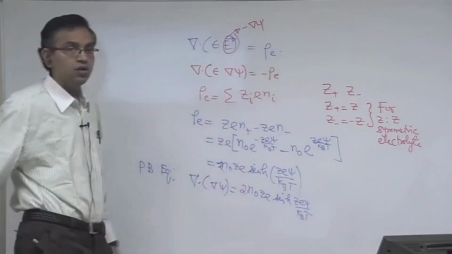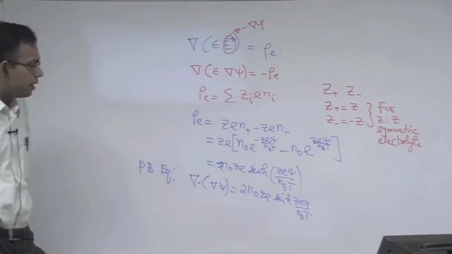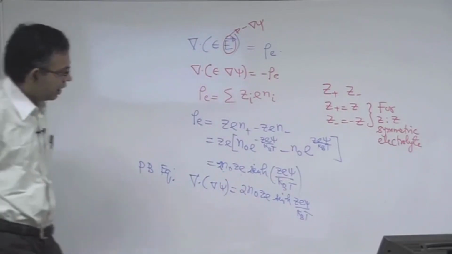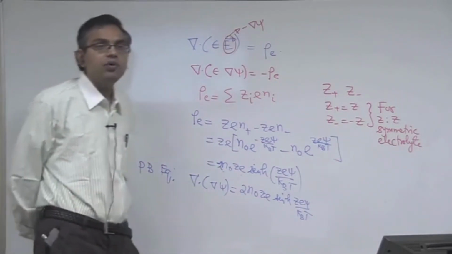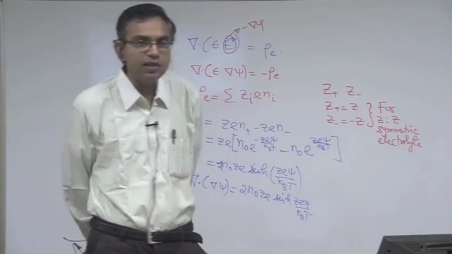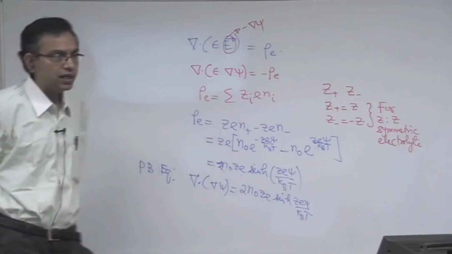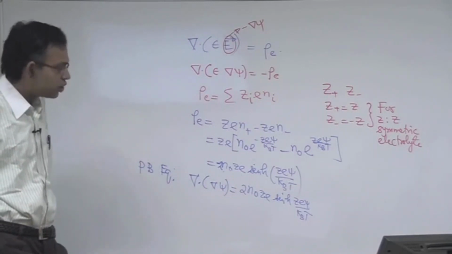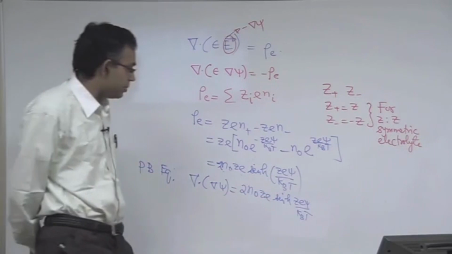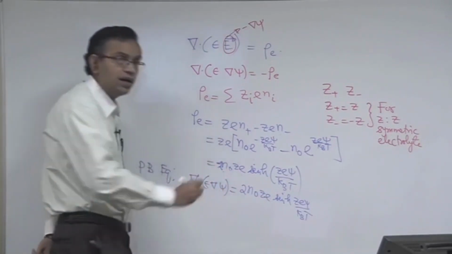This is the Poisson-Boltzmann equation. Now we will analyze this equation before we solve. We will definitely solve this equation for some special cases to illustrate what is happening, but before solving we will try to develop some insight. Oh, one epsilon I have missed, epsilon is there.